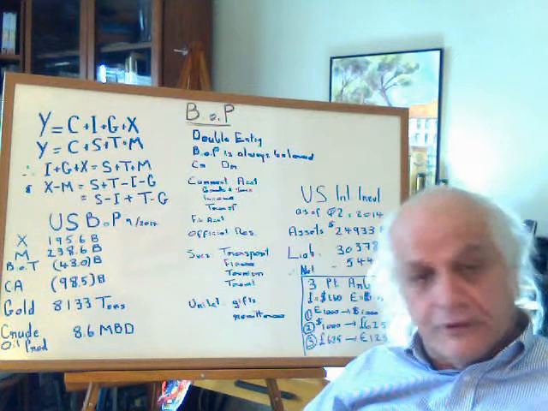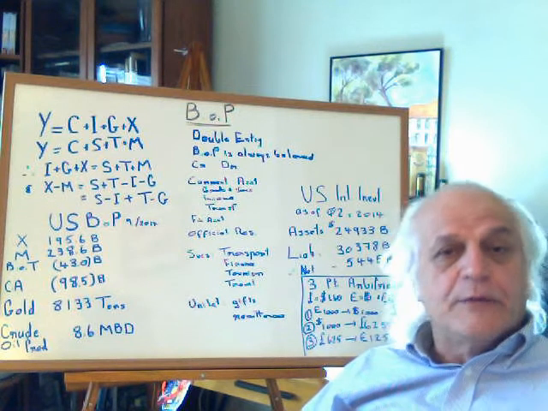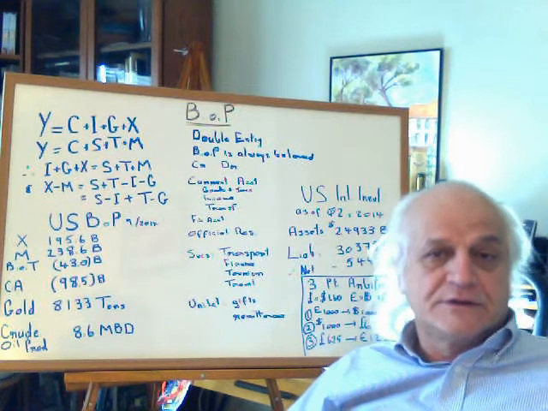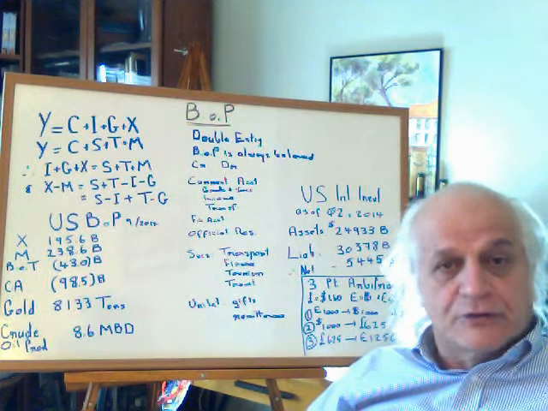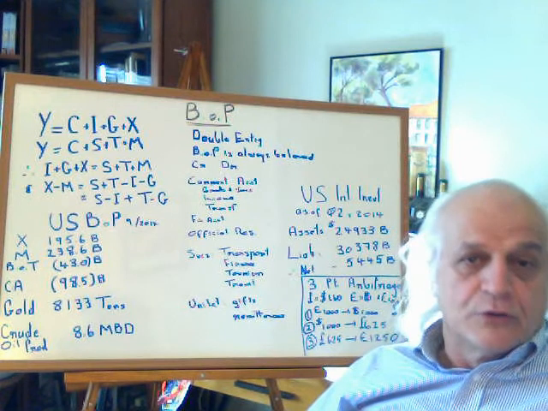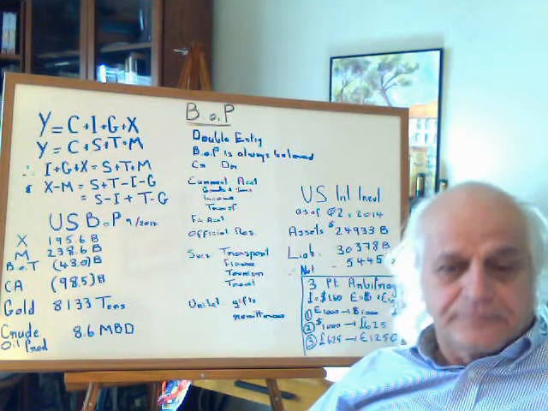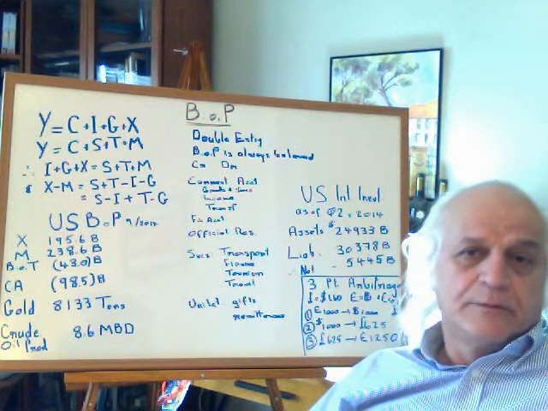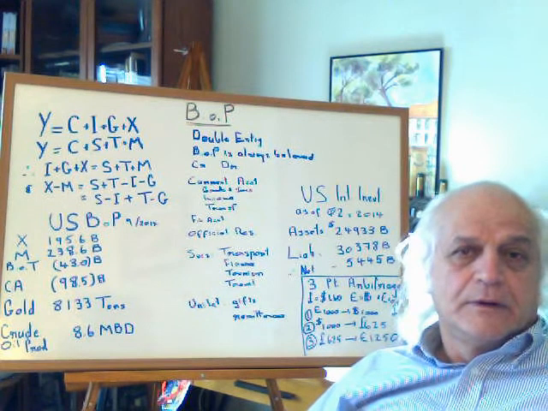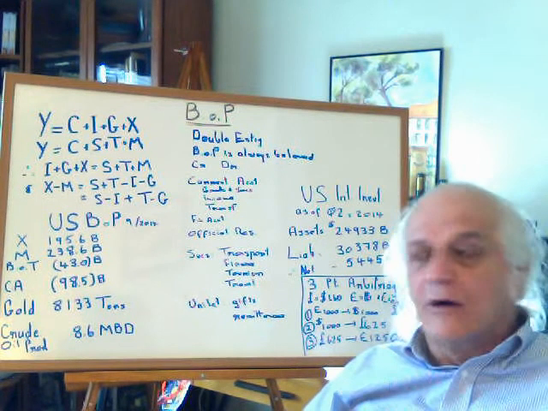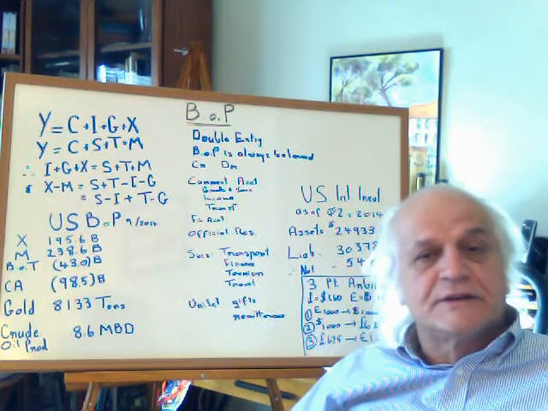It becomes very difficult to be able to attract enough of these funds. And that's when such a country runs into what is very often referred to as the balance of payment problem.